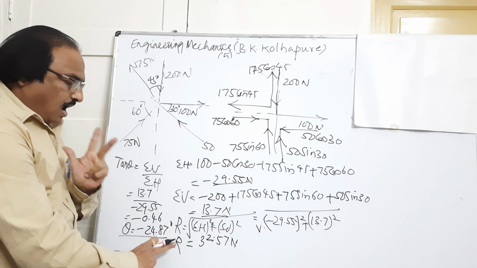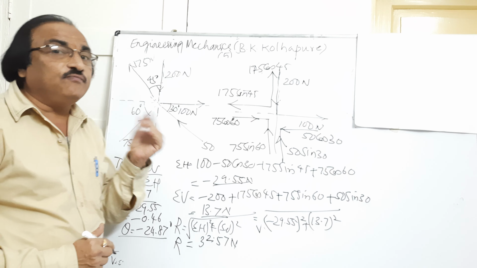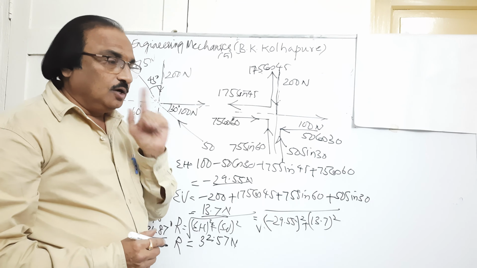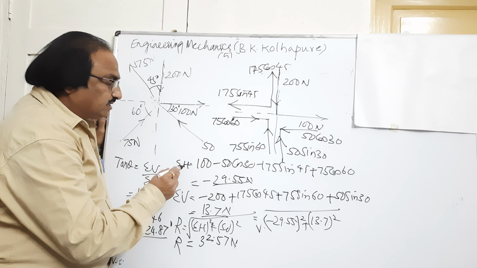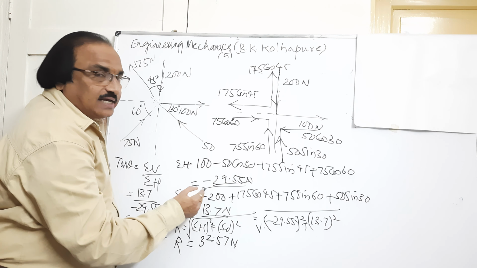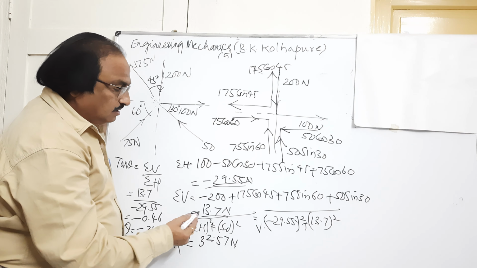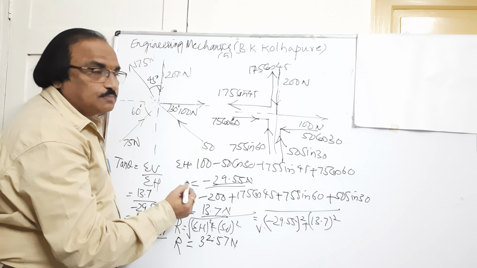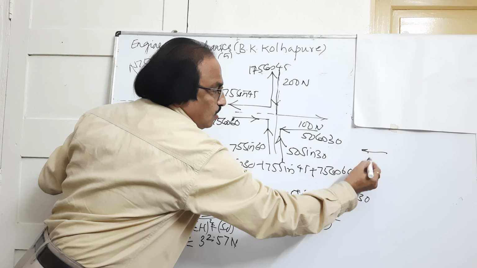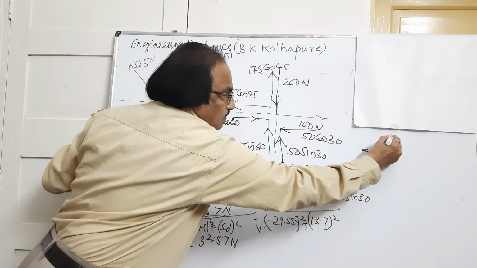There is one more step, that is the quadrant, in which quadrant it is lying. To decide the quadrant, you see sigma H is negative, so x is negative, and sigma V is positive, which means y is positive. So x negative and y positive. Which quadrant is this? It is in the second quadrant.